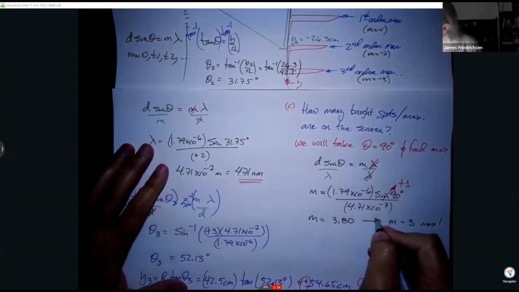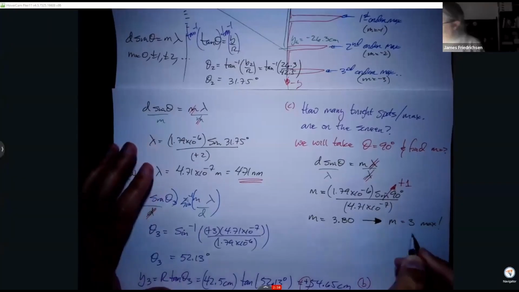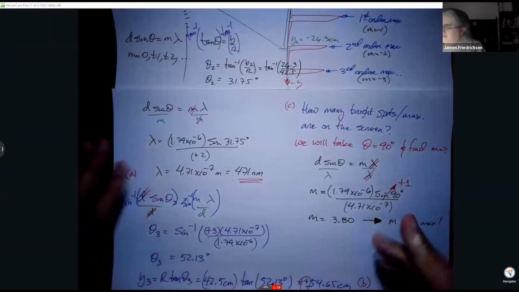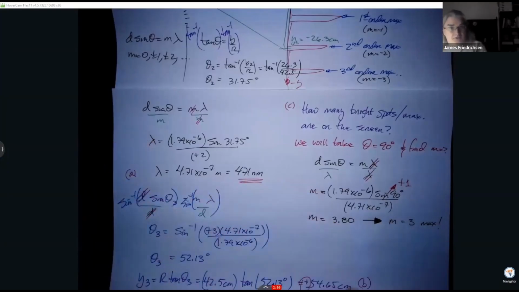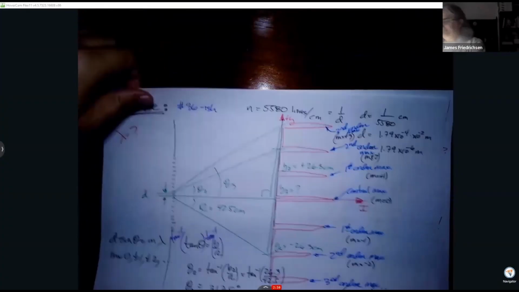Well, if our maximum order number is 3, then how many bright lines, spots, fringes, maxima are on the screen for this grating? Beautiful. We drew it.